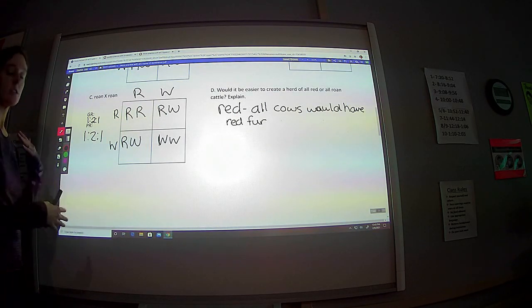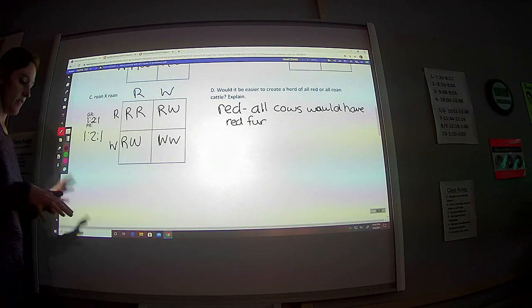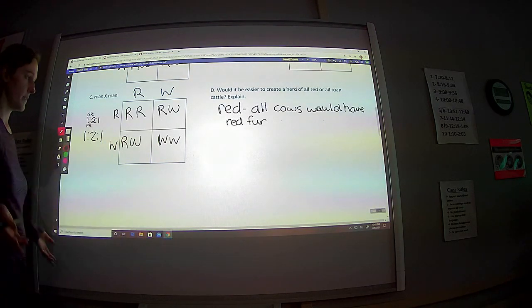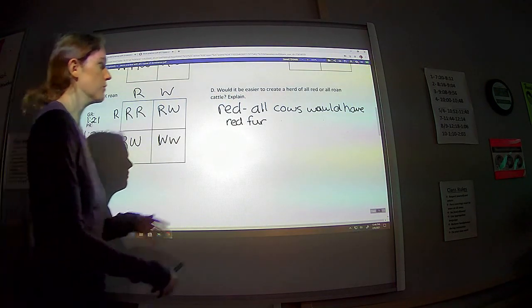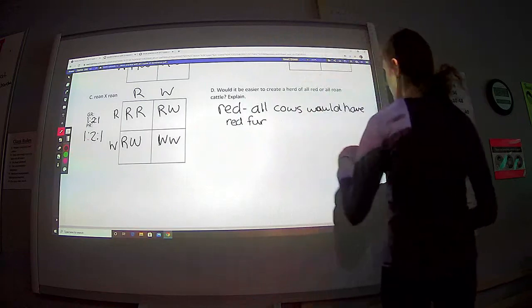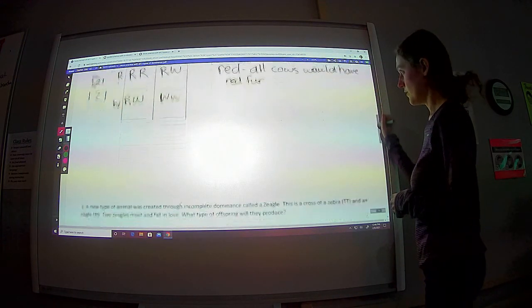And you would be constantly breeding red fur with white fur. And if all these cows are out there free roaming together, you could end up with some red cows and some white cows as well. So it would be easiest to either pick between all red or maybe even have an all white herd versus trying to do a roan herd.